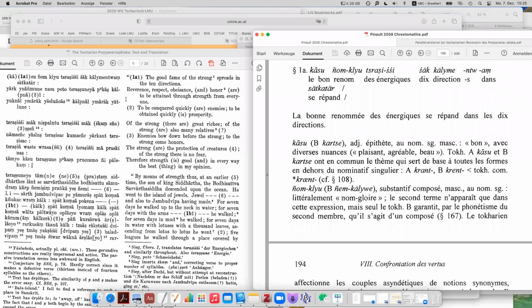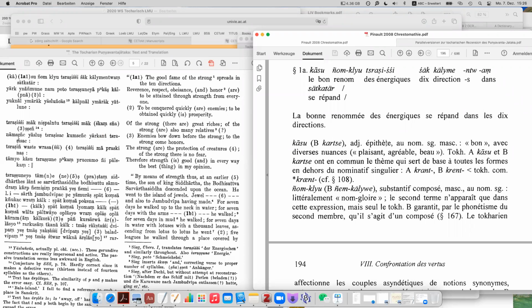Okay, so you find the translation here, and then Tsrashi shi mak nishpantur Tsrashi mak. So here is a lacuna, it's missing, and then it is restored by Sieg and Siegling, or by Sieg probably.